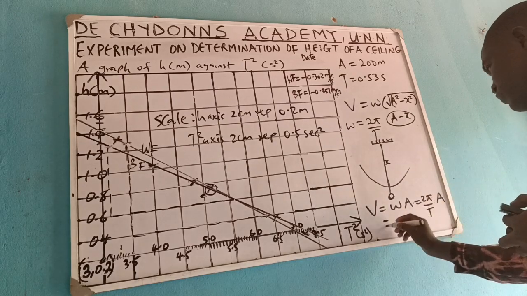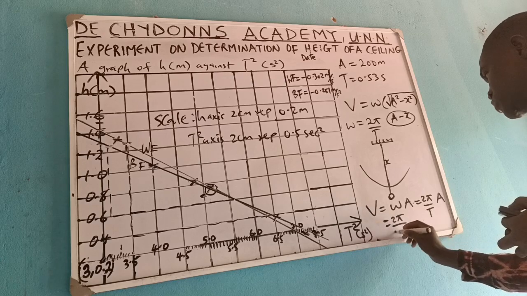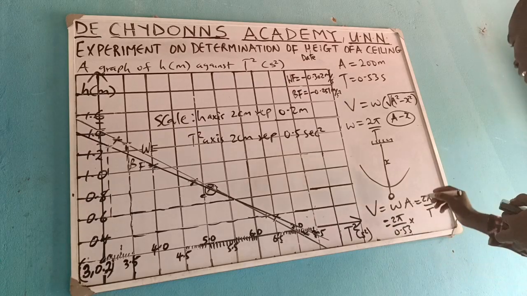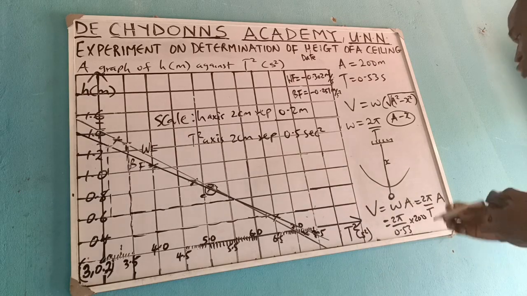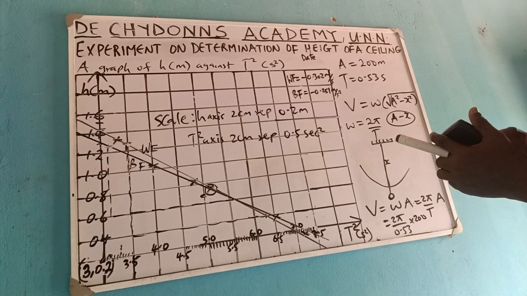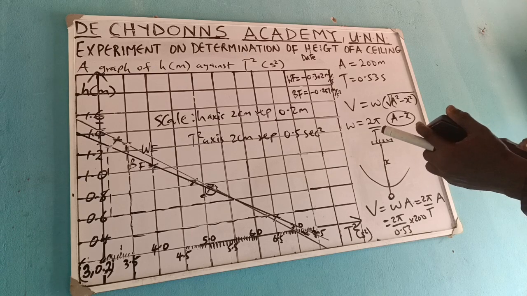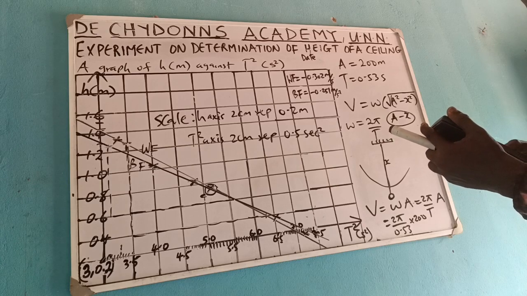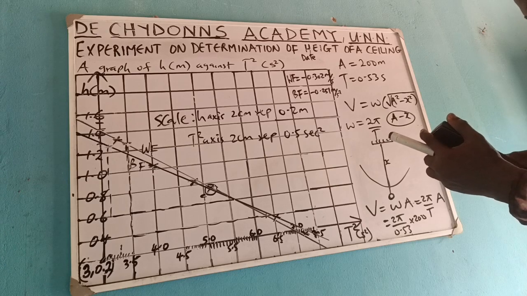And what will it give you? 2 pi over 0.53 times what is your A? Your A is 200. It will give you the answer in meter per second. 2 shift pi times 200 divided by 0.53.